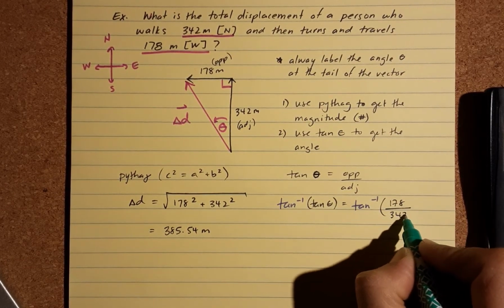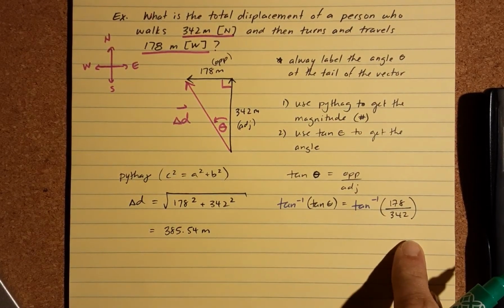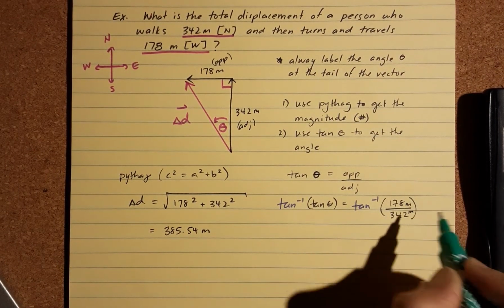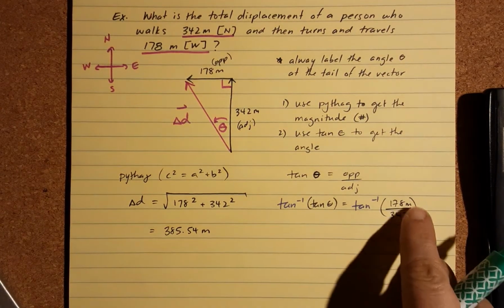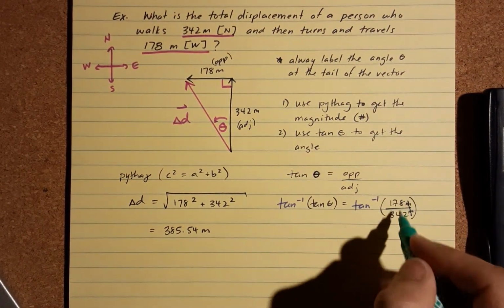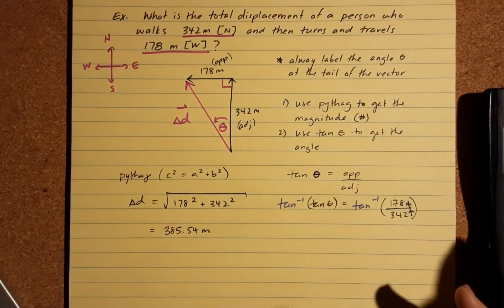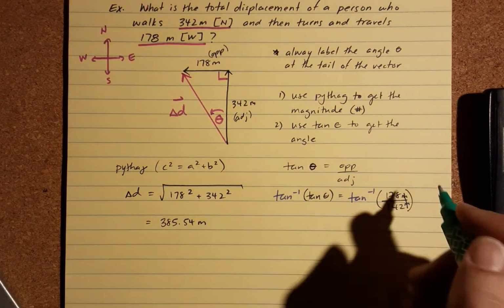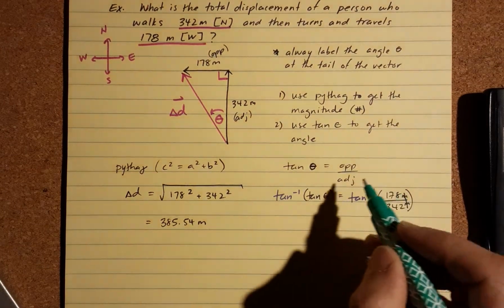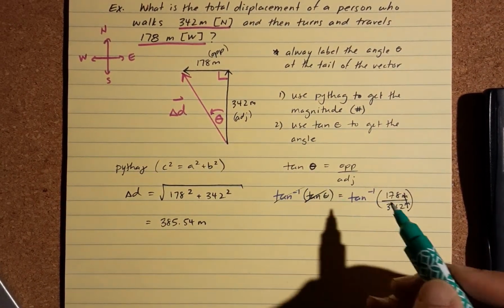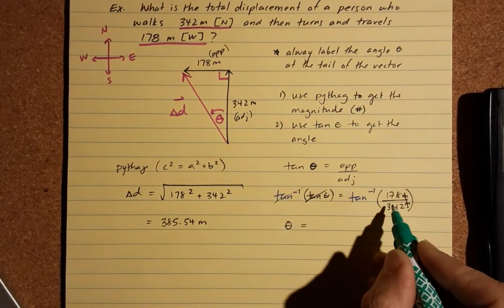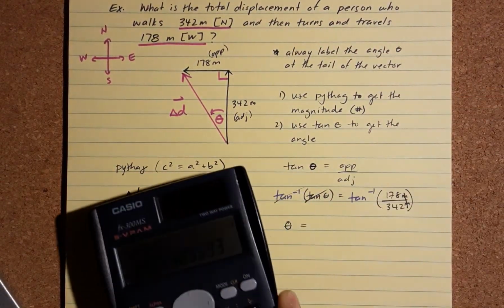Adjacent is 342. I'm not putting in units here. Does it really matter? Well, to some degree it does, and to some degree it doesn't. They're both meters, so they're going to divide out. If they were different, you would have to have them be the same unit. Okay, but they're both the same, so they will divide out. All right, so tan inverse and tan cancel each other out, and I'm left with the tan inverse of 178 over 342.